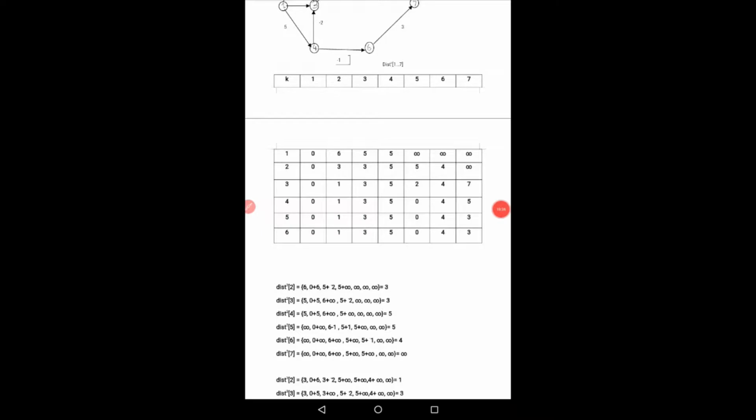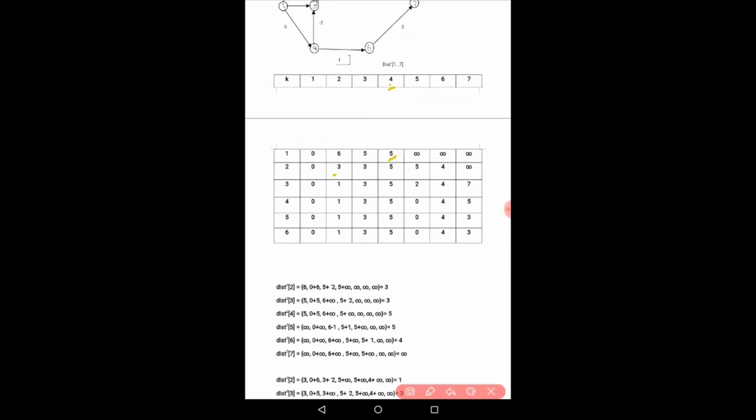So now we can see, here we have taken the distance from the node 3. Now we can take the distance from node 4, 4 to 2. So what is the previous value of 4? Previous value of 4 is 5.